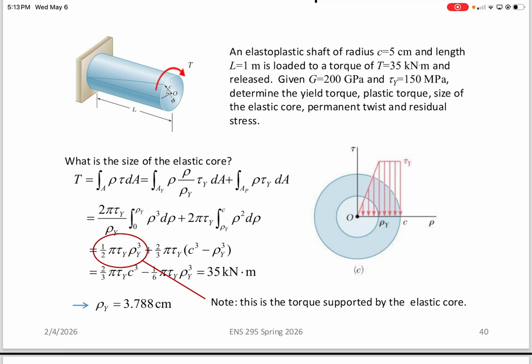So the total area underneath here is going to equal rho times some ratio rho y, tau y dA, where that dA is a function of the radial position, right? d rho, d theta.